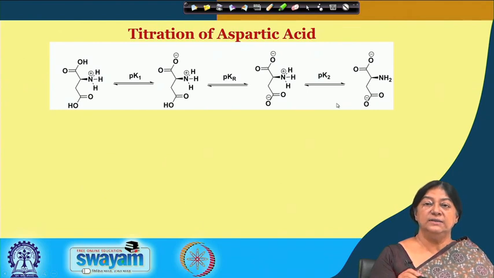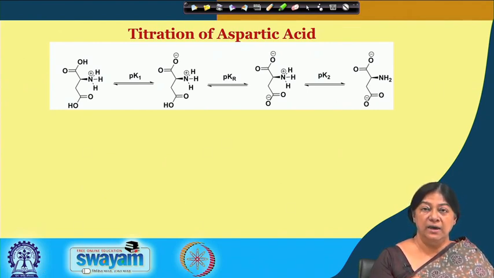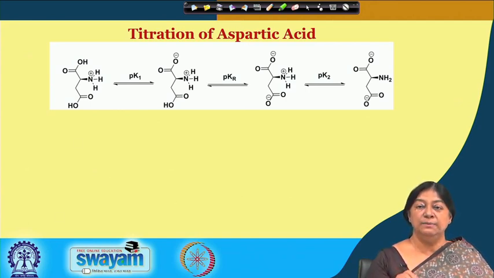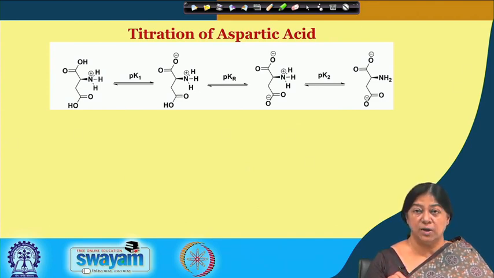What we learnt in determining the PI is that we have to look for the pK responsible for going from +1 to 0 and the pK value responsible for going from 0 to -1. These are the values that we have to consider.